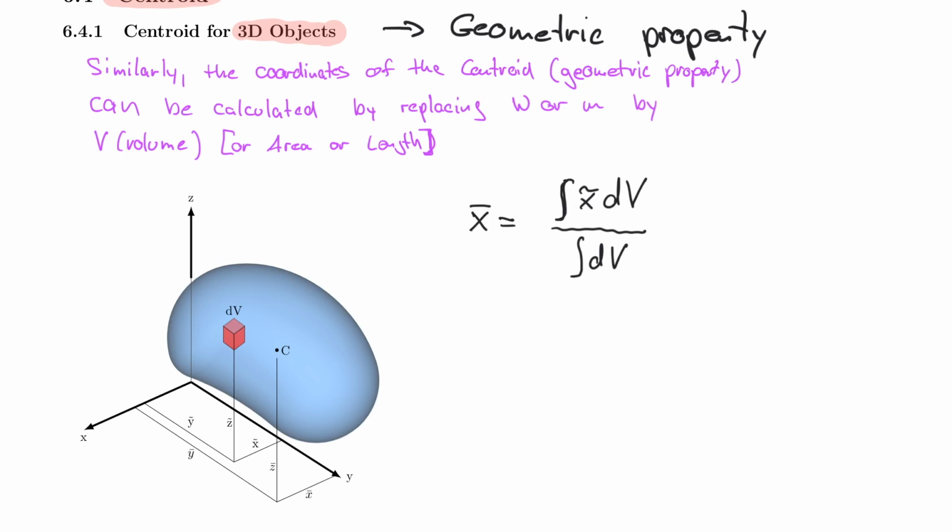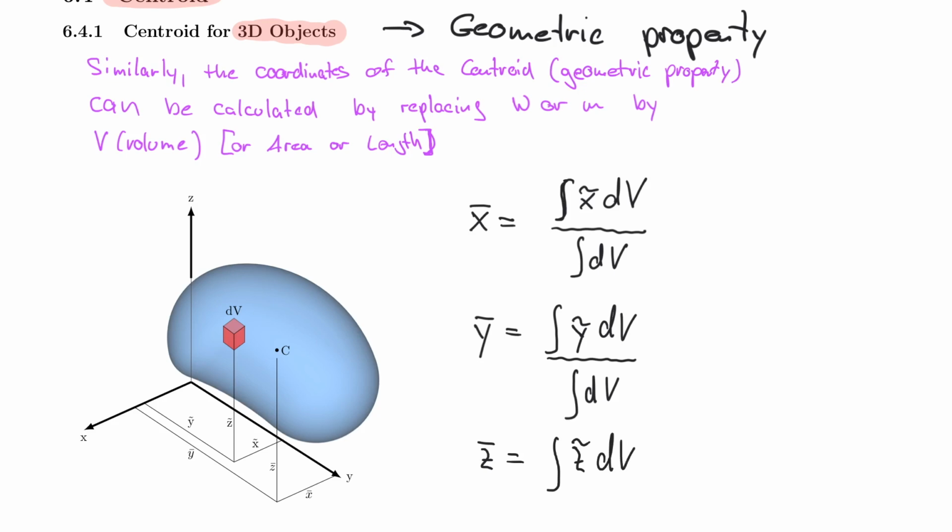Similarly, for y bar, I can take the integration of y tilde dV divided by total volume. And last but not least, z bar is equal to the integration of z tilde dV divided by the integration of dV.